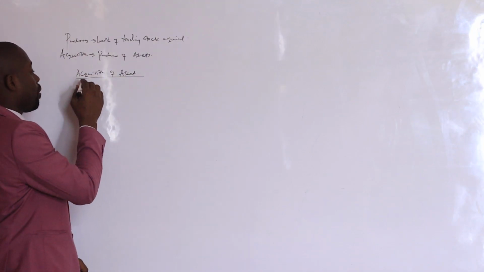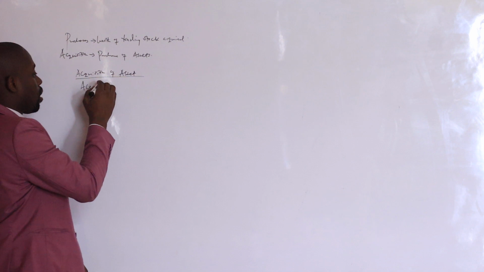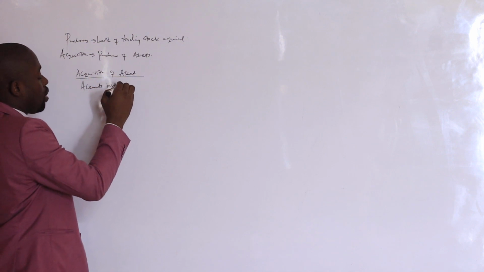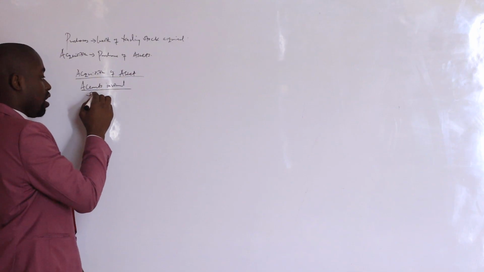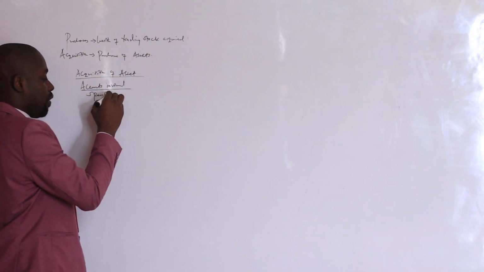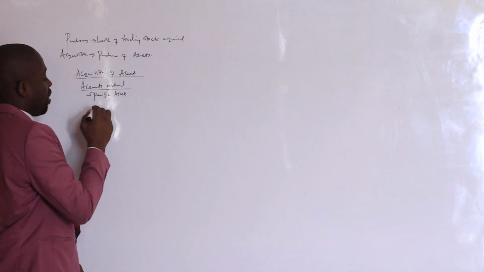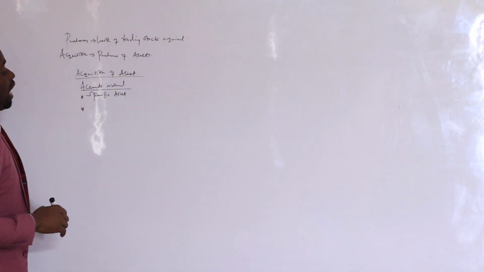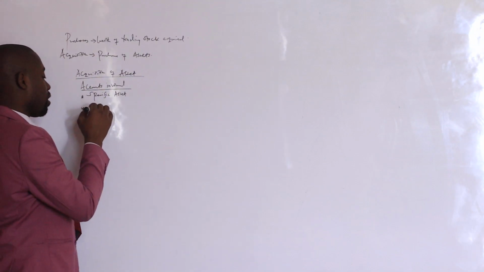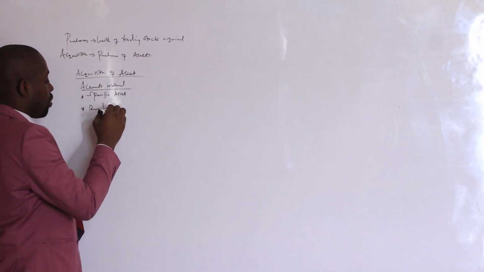So, accounts involved for acquisition. We have the asset. The specific asset could be machinery, equipment. Then number two, we'll have the mode of paying for the asset. We could have paid by bank or by cash.